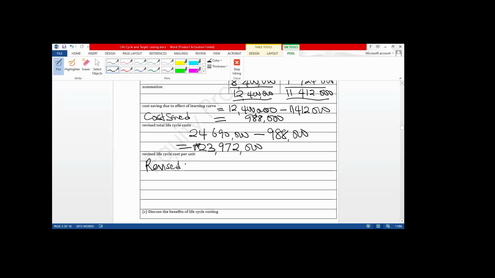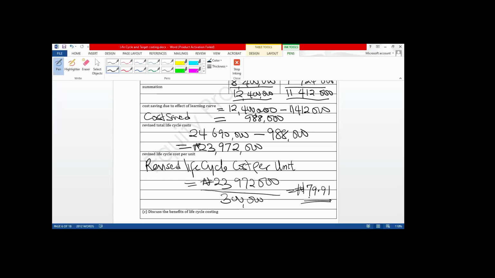Revised life cycle cost per unit is equal to 23,972,000 divided by total units, that's 300,000 units. 79.9, approximately 79 naira 91 kobo.